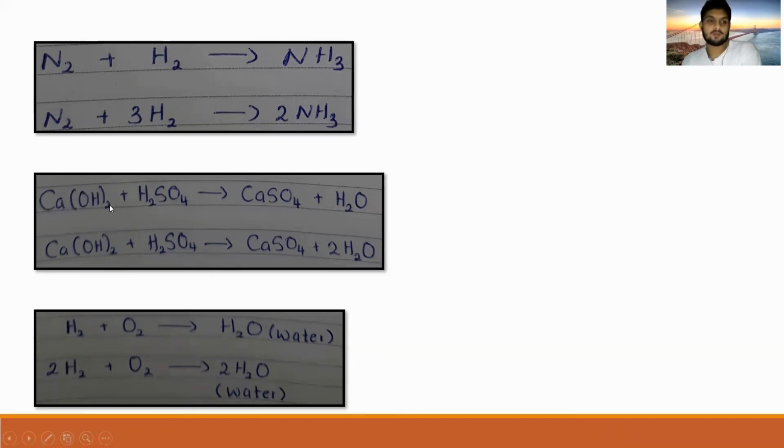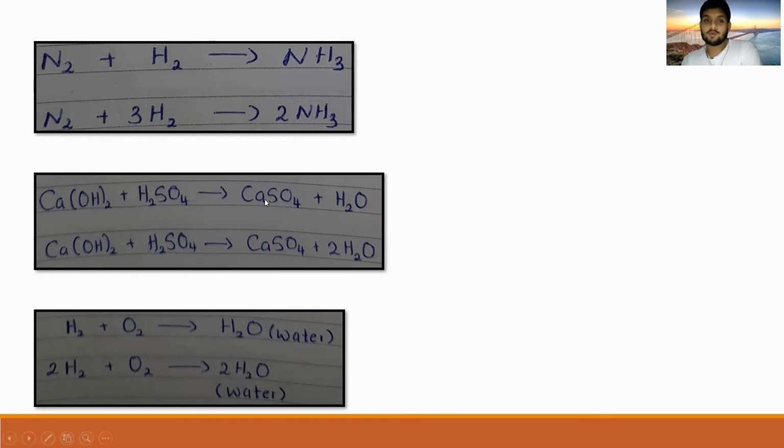So be mindful of that also. Let's count the number of oxygens. Here you have 2 oxygens plus this 4 oxygens. So altogether you have 6 oxygens on the reactant side. And then hydrogens: from this bracket, you have 2 hydrogens, and here you have 2 hydrogens. So altogether 4 hydrogens on the reactant side.